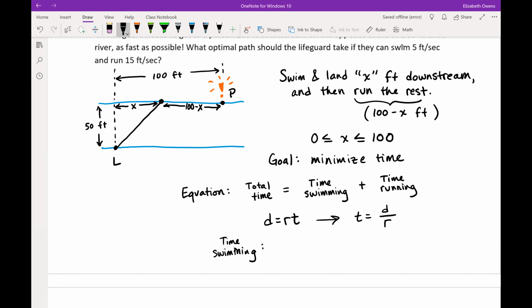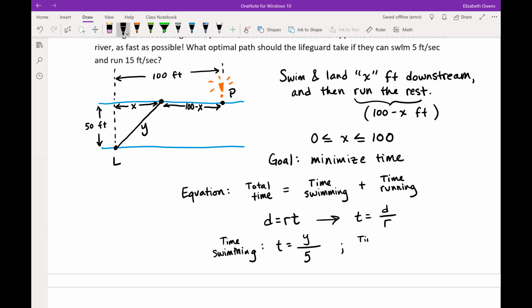The distance that our lifeguard swims is going to be this component right here across the river, which currently is not labeled. So let's go ahead and label that. We'll just call that Y. So we'll have Y divided by their rate for swimming, which is 5 feet per second. So Y over 5.